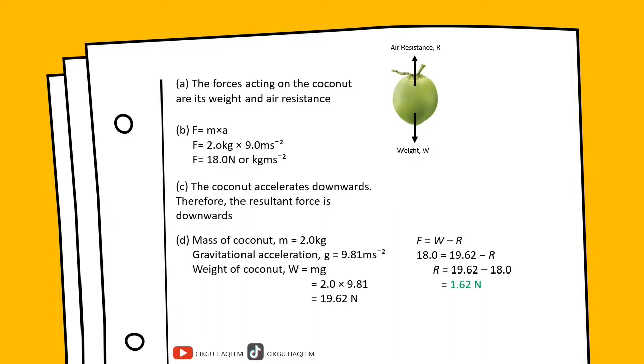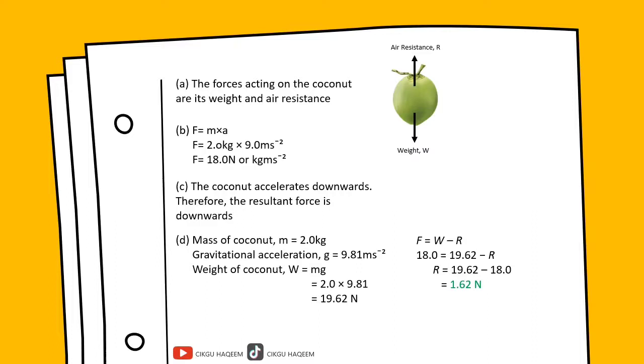For part B, what is the resultant force on the coconut? Given that the mass of the coconut is 2.0 kg and it accelerates at 9.0 meter per second squared. According to Newton's second law of motion, an object that has an external force exerted on it will accelerate.